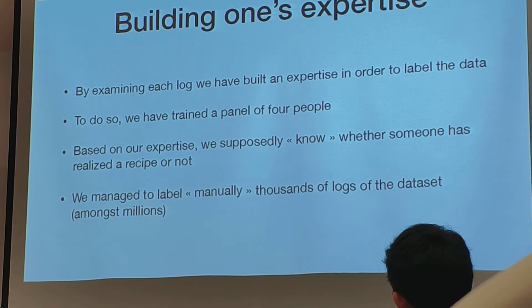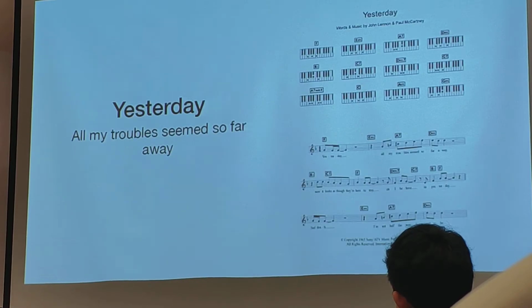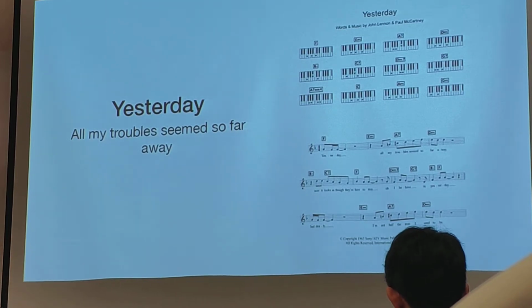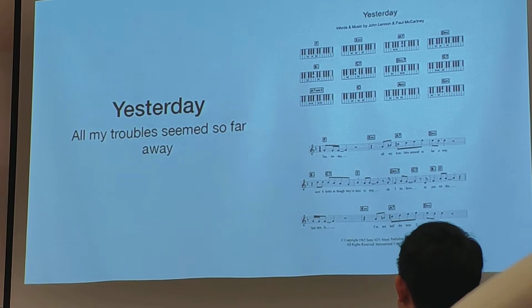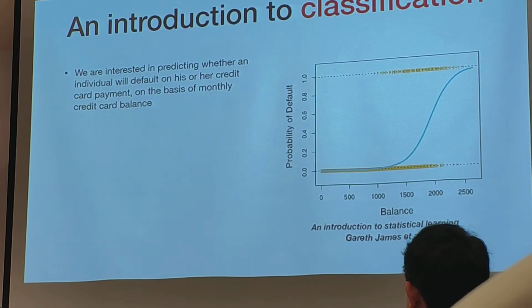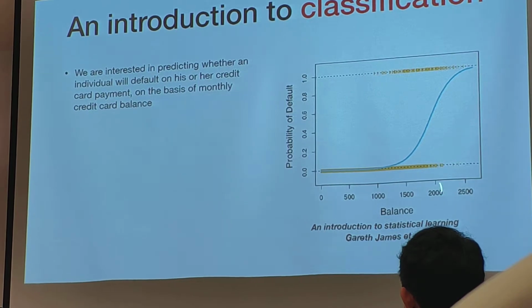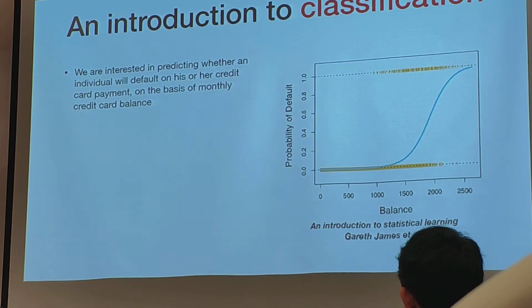Okay? And once we do that, I'm going to come back to yesterday, because yesterday I tried to explain something about machine learning, and I wanted to show you two different ways and the main difference between these two things. That was my introduction to classification. Remember yesterday, I said that we want to predict if this individual will default or not.